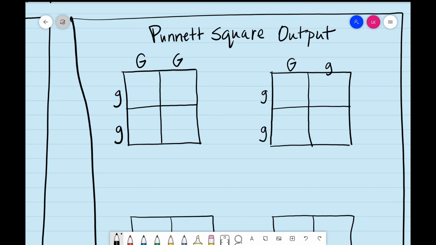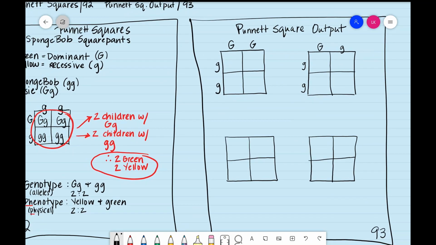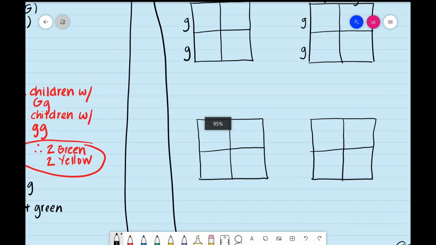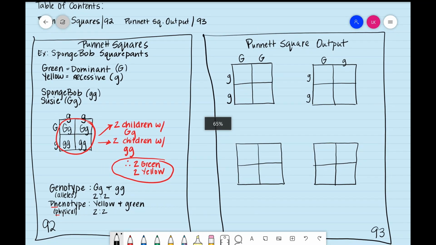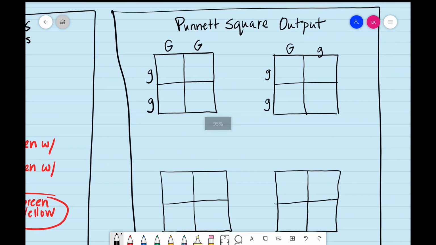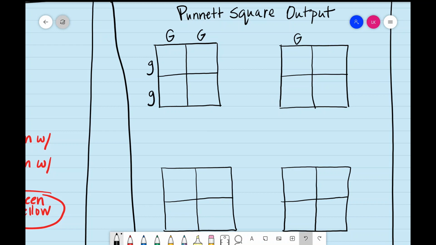See what that would be. Let's do big G, little g, big G, little g. So both parents are green, but they both carry the recessive trait yellow.